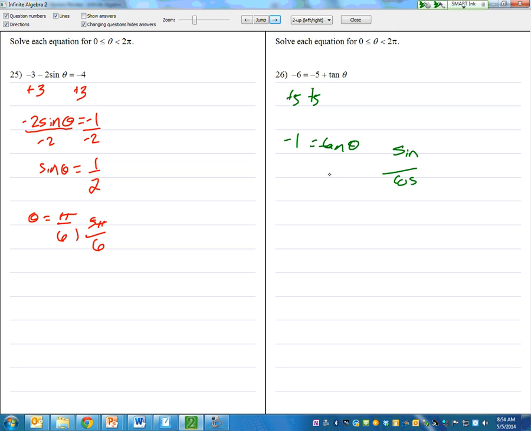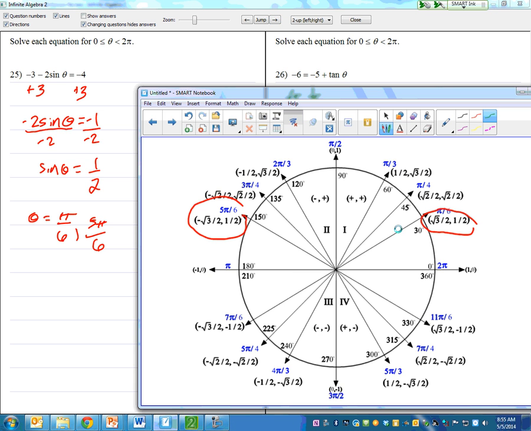So if you get a ratio of 1, that means sine and cosine have to be the same, but with different signs. So if we look at our unit circle chart, sine and cosine are the same magnitude when you have square root of 2 over 2, or negative square root of 2 over 2. So these are the values we're looking at. All the ones I just underlined are where tangent is either going to be 1 or negative 1.